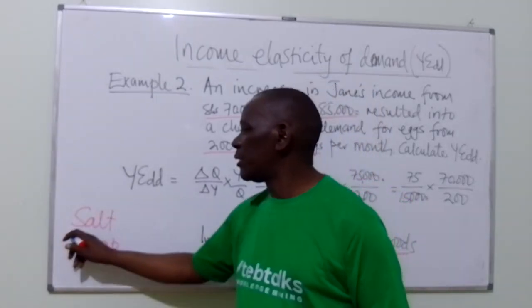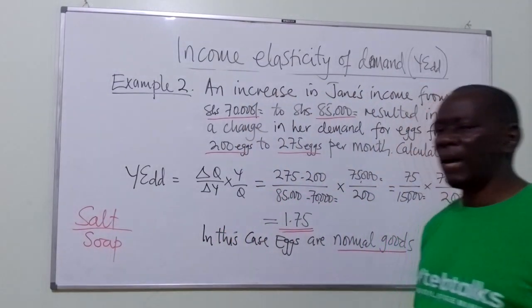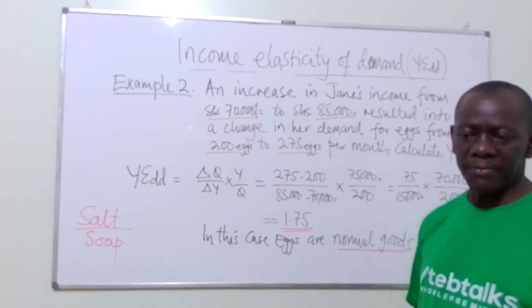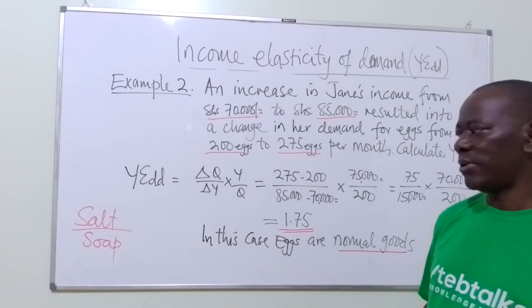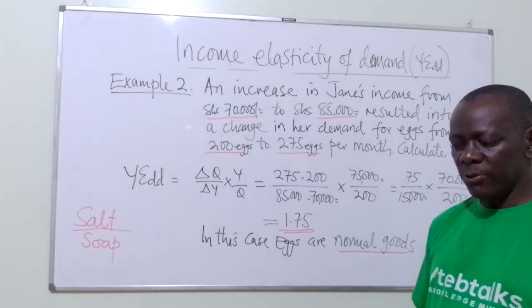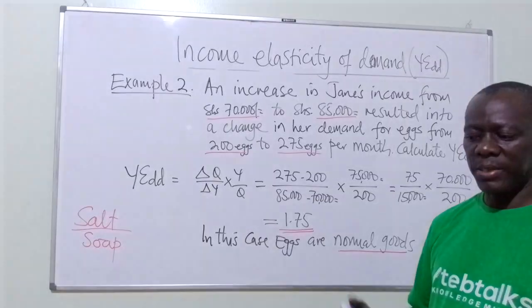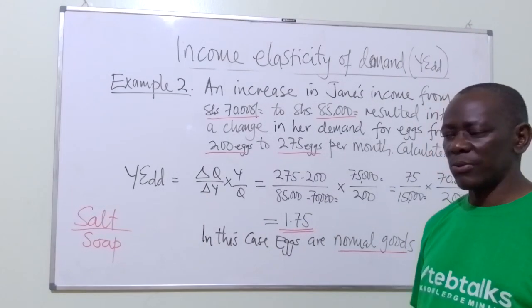Even if your income triples, if at home you have been buying 1 kilogram of salt and it has been enough for your sauce, even if your income has moved from 1 million to 10 million, you will not increase the consumption of salt. The amount of soap you are using to wash your clothes will not increase because income has increased.